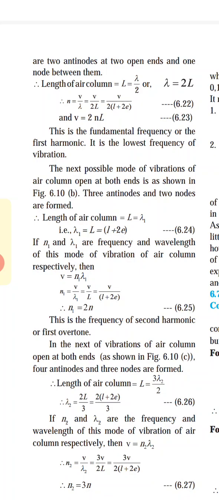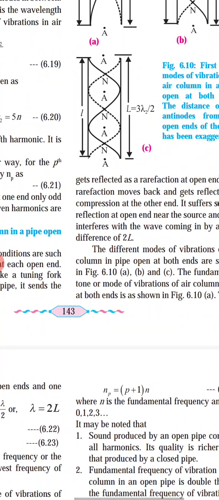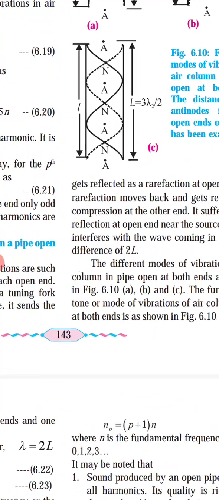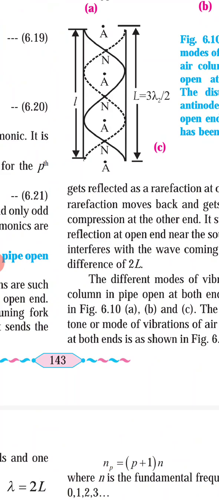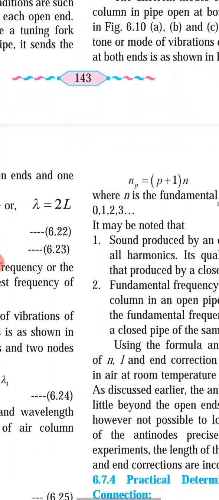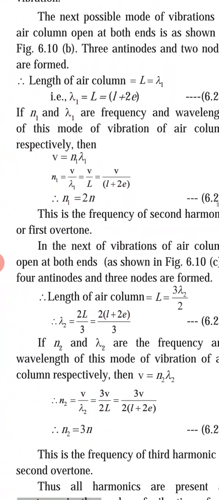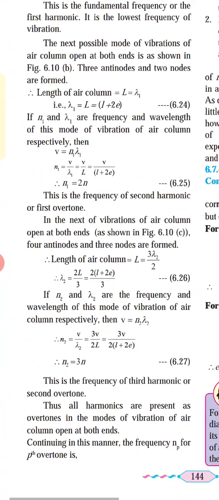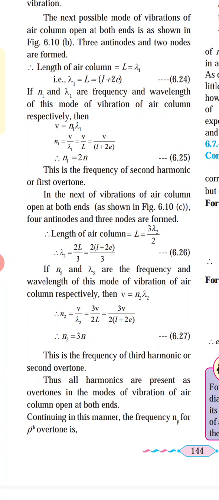In the next vibration of air column open at both the ends, 4 antinodes and 3 nodes are found. If you see this figure, 4 antinodes are there and 3 nodes are there. So length of air column capital L is equal to 3 lambda 2 upon 2. So lambda 2 is equal to 2L by 3, where capital L is L plus 2E.